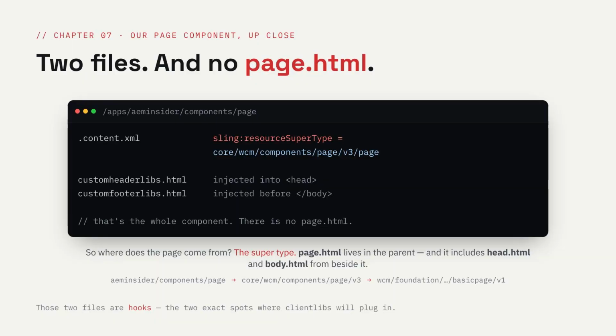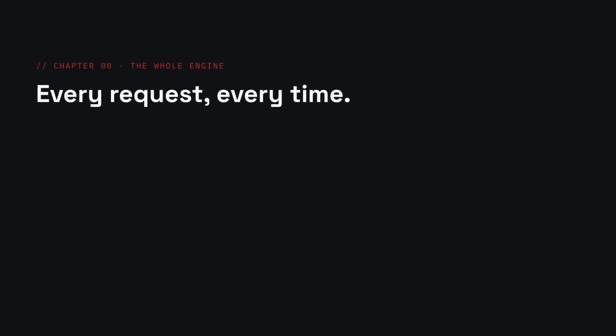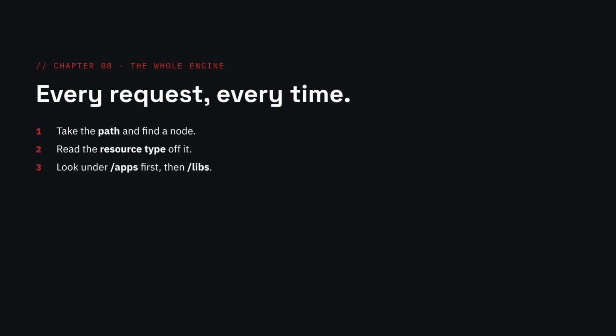Here is everything we did today in the order Sling does it. 1. Take the path and find a node. 2. Now read the resource type of it. 3. Look under /apps first, then /libs. 4. Match the most specific file name: the selector first, then the extension, then the node name, then the method. 5.